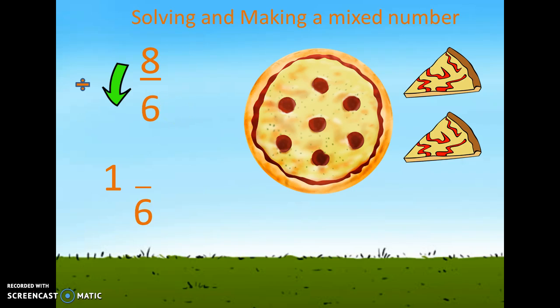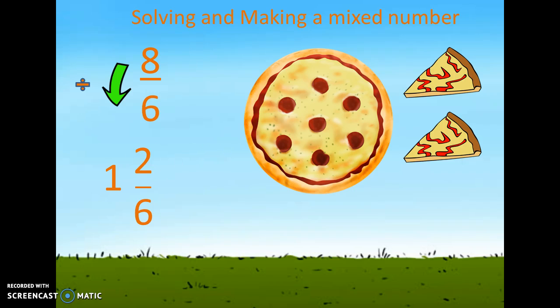The next step is simply keeping the denominator the same. Then, all we do now is find the remainder of our division and put that as the numerator. So if 6 can only go into 8 once, how many slices of pizza would be left over?